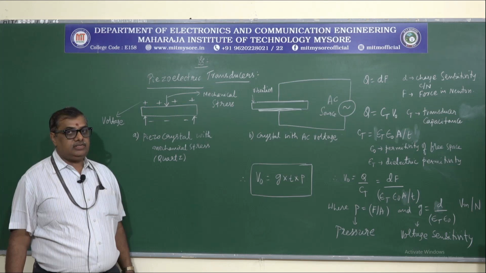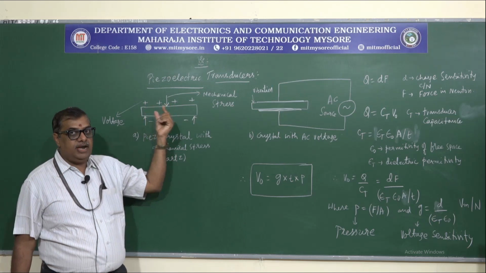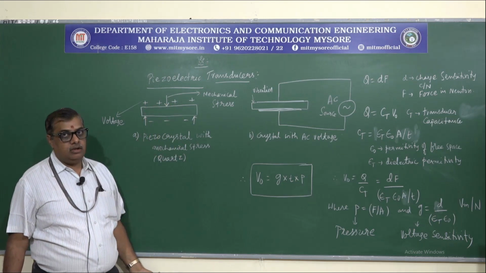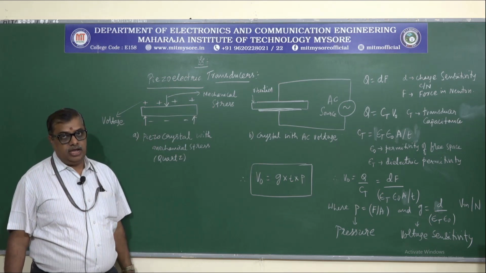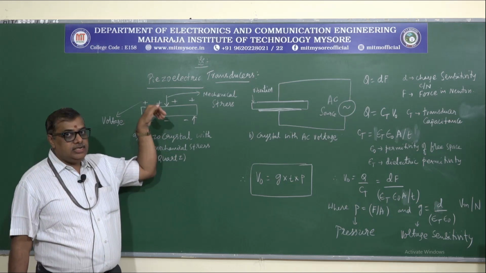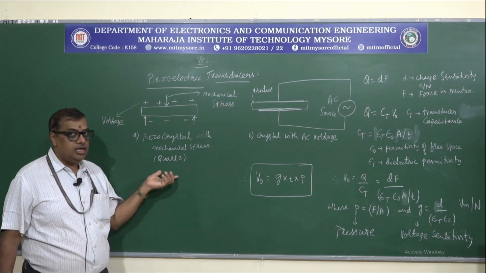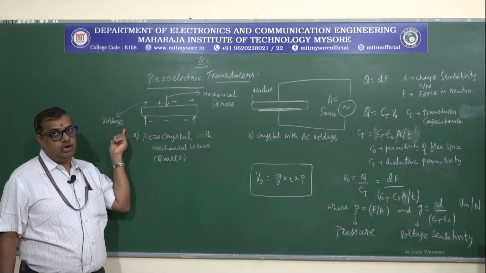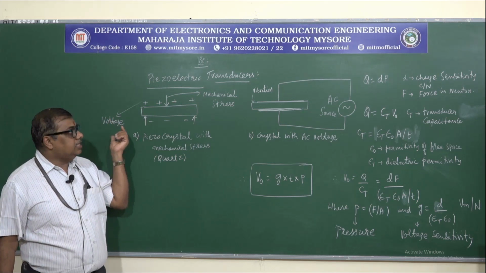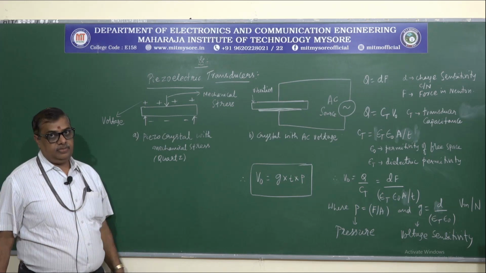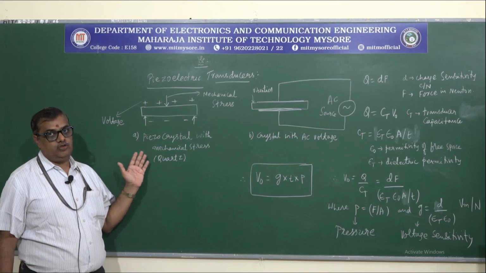The piezoelectric effect says, whenever a mechanical stress is applied on some material like quartz, it generates an equivalent electrical output. I repeat, whenever a mechanical stress is applied on a piezoelectric material like quartz, it generates an equivalent output in the form of voltage or current. That is called the piezoelectric effect. Mechanical stress is converted to equivalent voltage output.